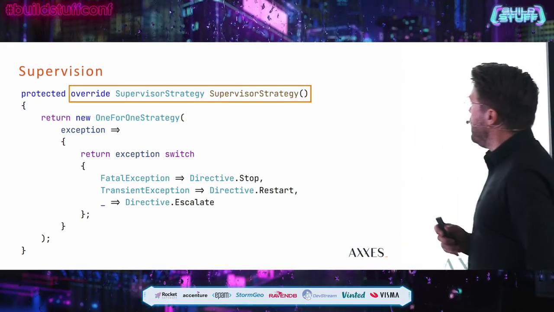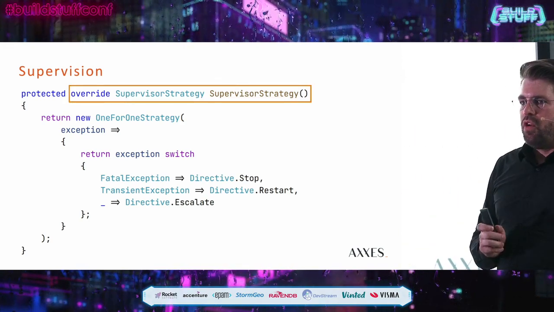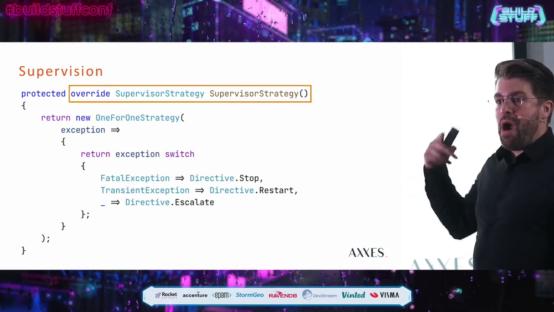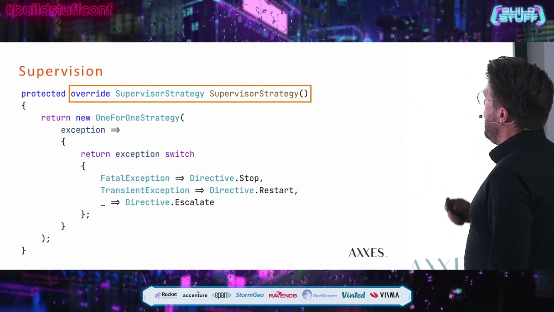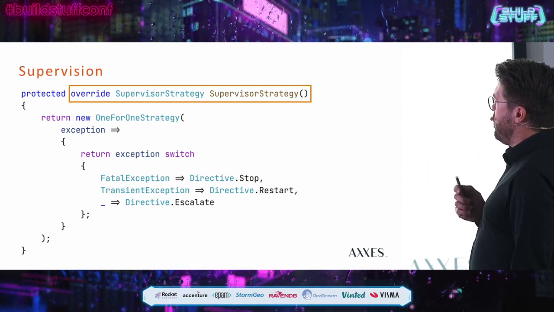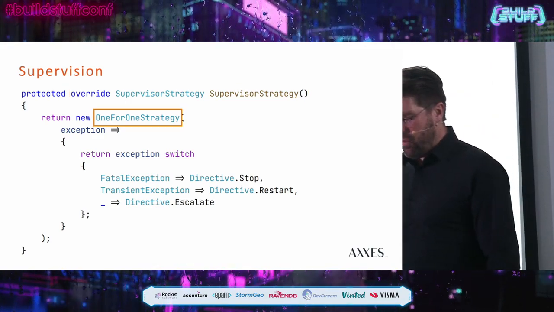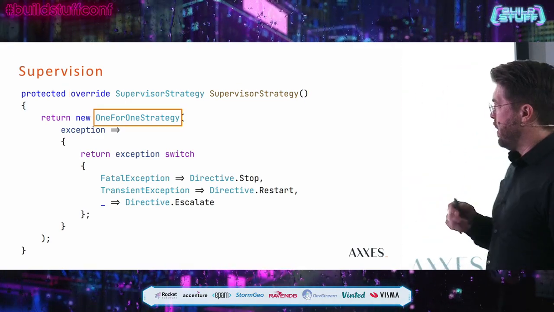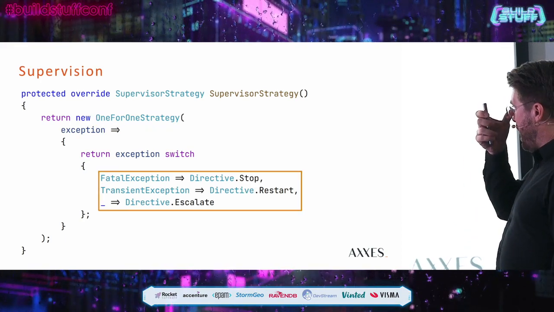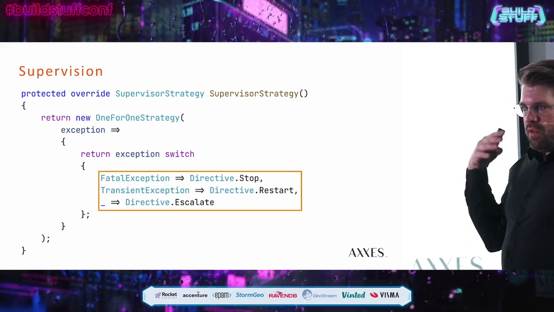Also, that is not that hard to implement. We override the supervisor strategy method on the parent actor in this case, and we just return the strategy that we want. In this case, this is the one-for-one strategy that applies only to the failing child. We can actually inspect what the exception is.